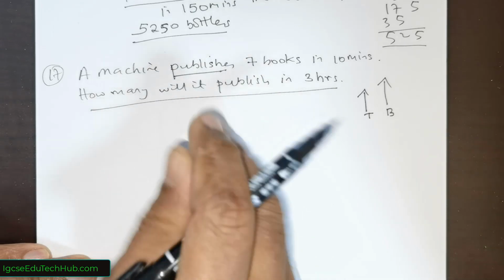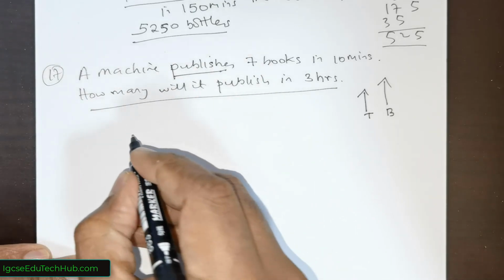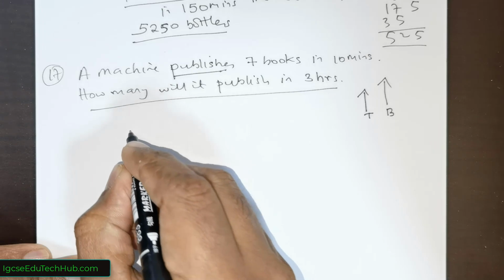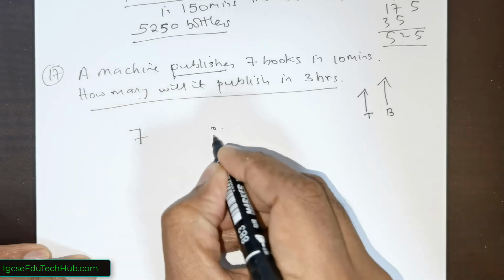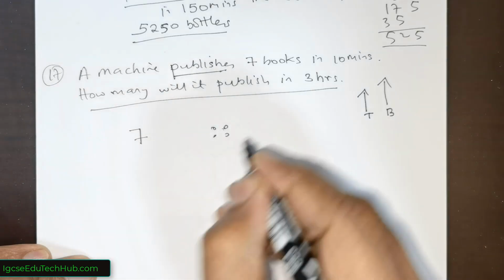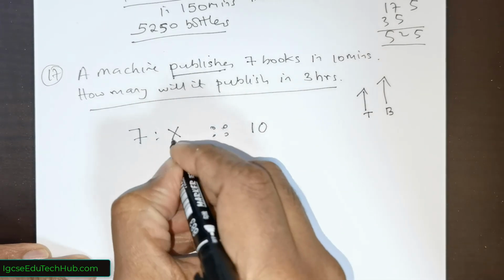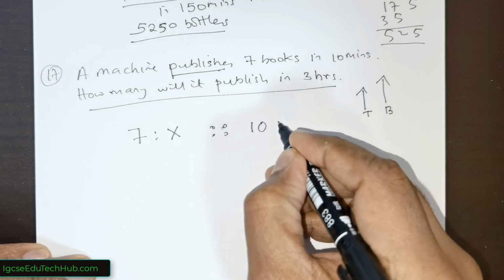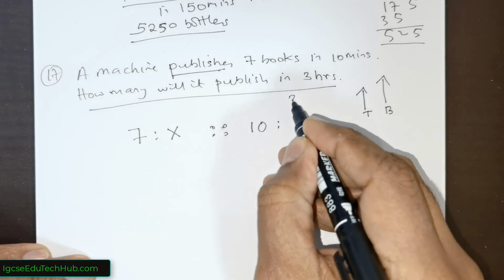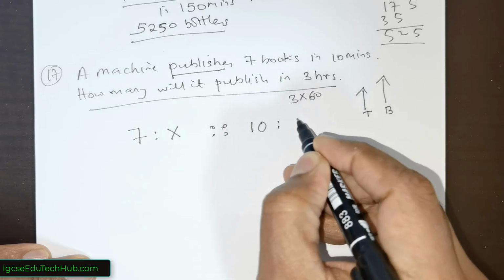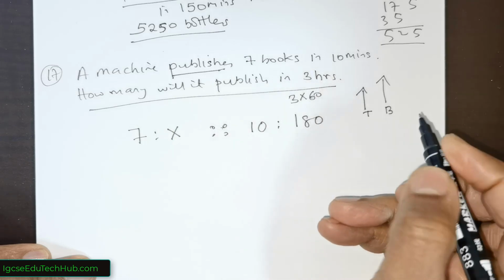So what I'm going to do, I'm going to create a ratio system like this. 7 books requires 10 minutes. So we want to know the number of books that would be published in 3 hours. So I'm going to multiply 3 by 60. That's going to be 180 minutes.